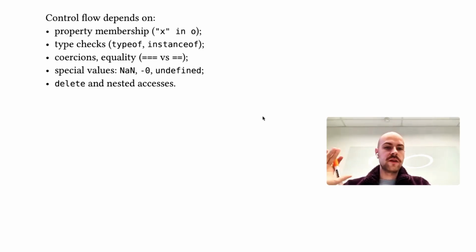We have complicated type checks like typeof, instanceof, really strange and confusing coercions, different equalities, and so on. We have delete and nested accesses. For example, you can delete some properties from an object, or add some properties and create really deep nested objects. All of this influences the analysis we have.